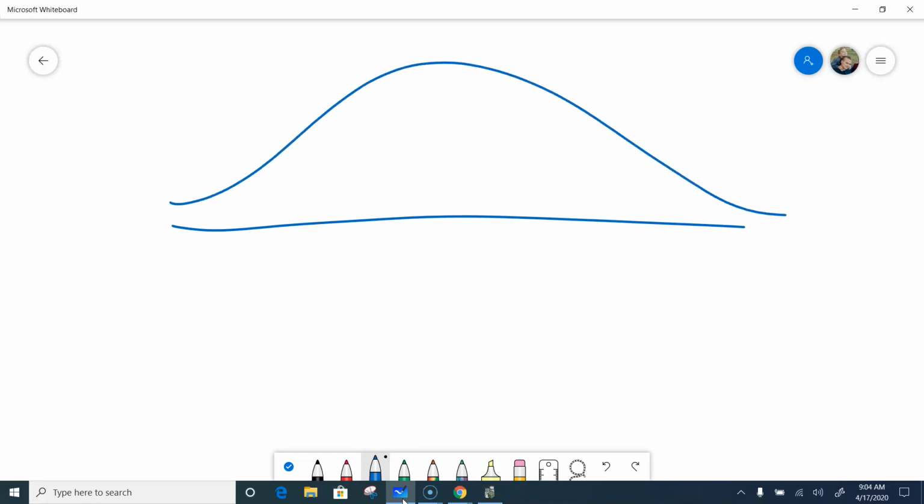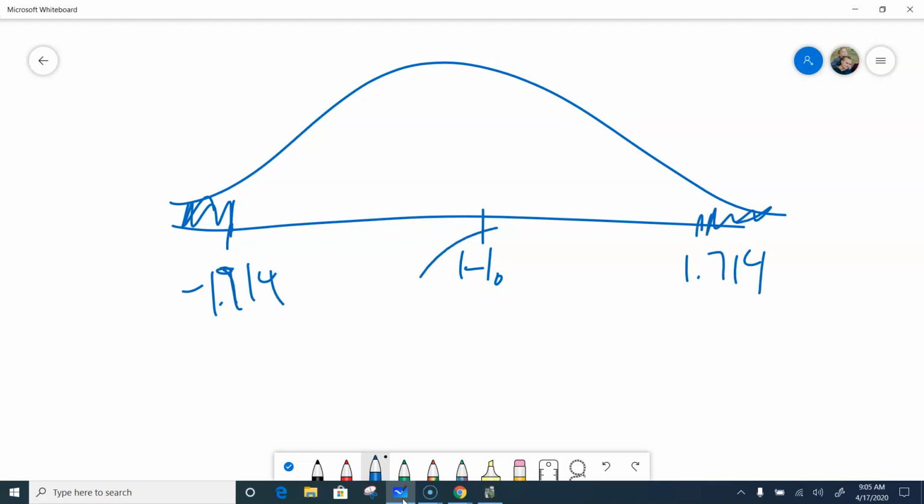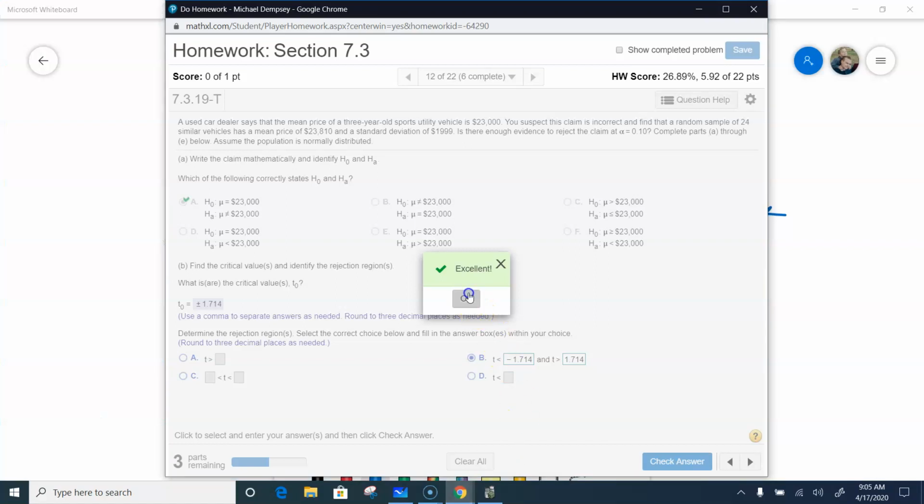It's a two-tailed test, so they're saying this is the null. So we don't care if it falls out here or if it falls up here. Any one of those are going to be far enough away that we're going to conclude it's not true, and we would go ahead and reject it.